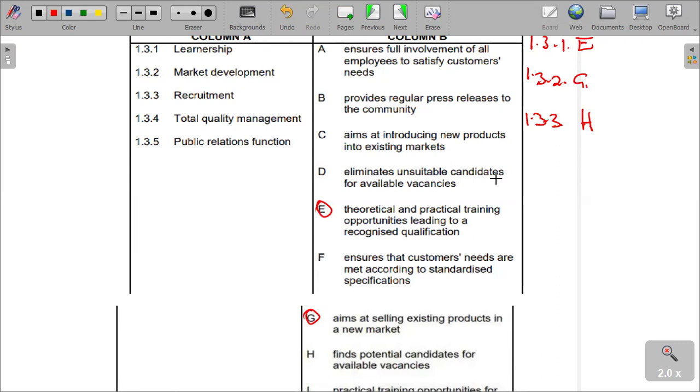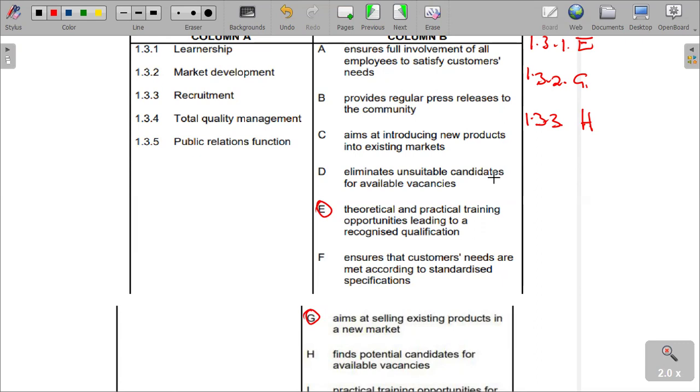It's recruitment. 1.3.4, total quality management. What is total quality management? It has to do with ensuring full involvement of all employees to satisfy customers' needs.